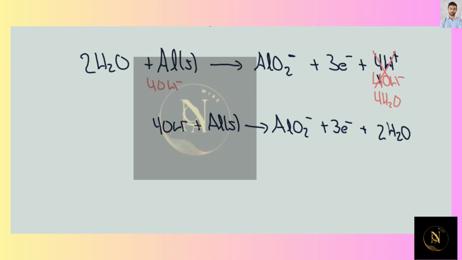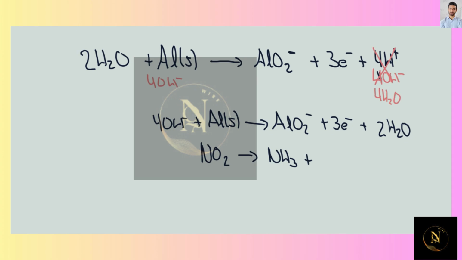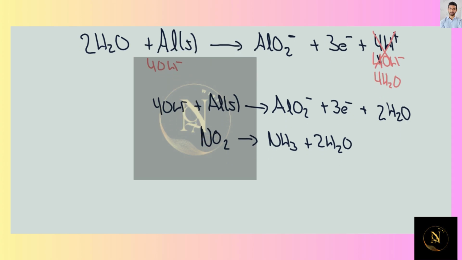Now, with the other half reaction, in which we're going from NO2 minus into NH3, the first thing to do is to balance the oxygen atoms. We are going to require 2 water molecules, and now the number of protons we need to balance out with H plus.